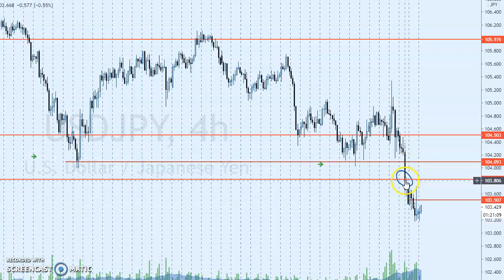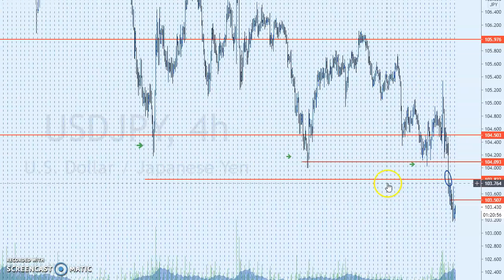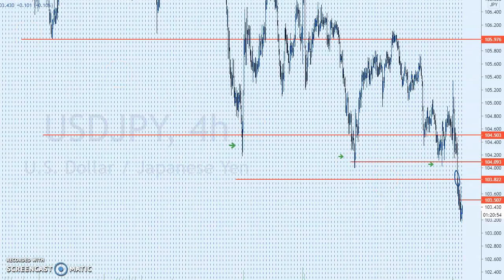And I say, okay, have to come back, but break this resistance. Break that resistance. I mean, break the support. Break the support here.